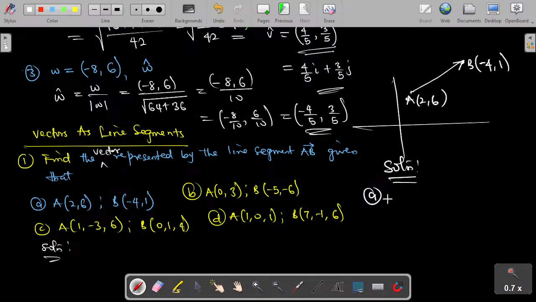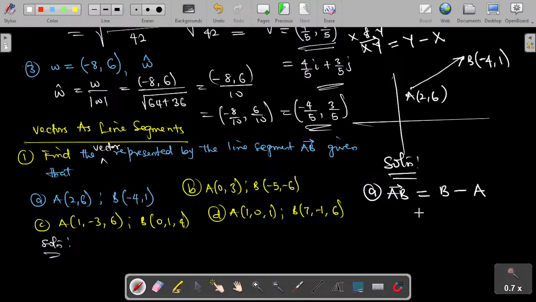The vector AB is always equal to point B minus point A. So if I give you points X and Y and ask you to get vector XY, your vector XY is simply equal to Y minus X. The last point minus the first point. That's all. And we have already done subtraction of vectors.